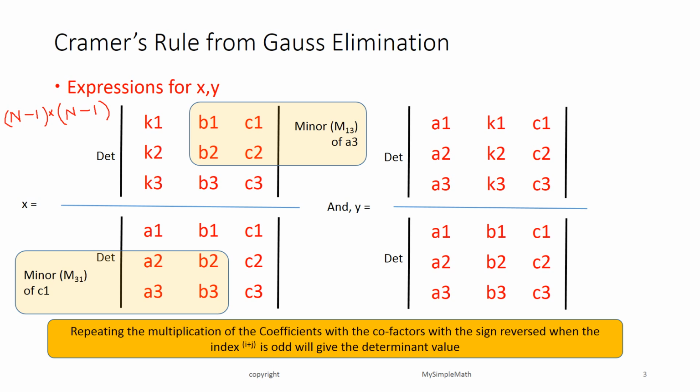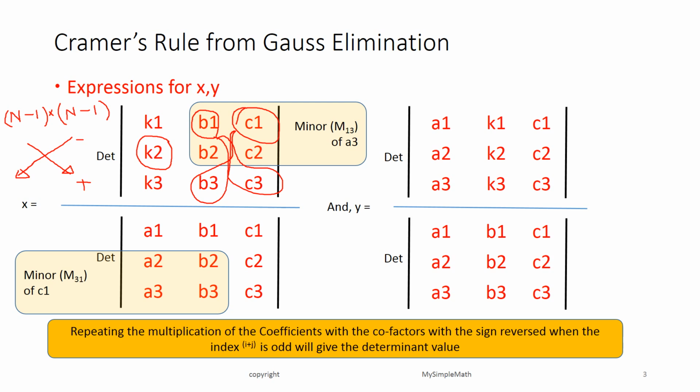Say for example, next case, if we want to find out the minor for, let's say, K2, then the minor for K2 would be B1 C3 minus C1 B3. Now note here that the minor uses the sign convention, where moving this way is positive and moving the other way is negative.